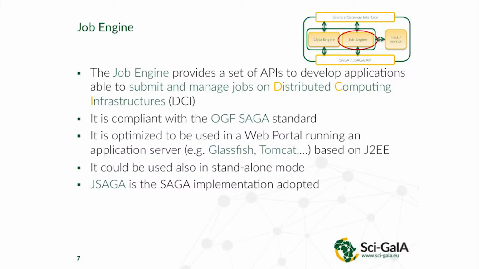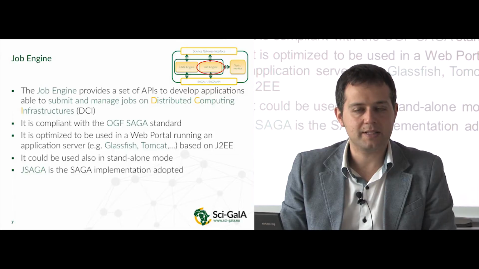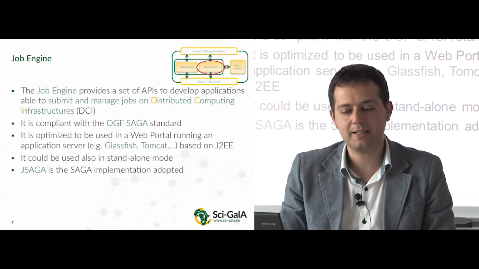The job engine, that is a core submodule of the Catania Grid and Cloud Engine that we saw in the previous slide, provides a set of APIs to submit jobs towards DCIs. It is compliant with the OGF SAGA standard because it uses the JSAGA implementation of the standard.